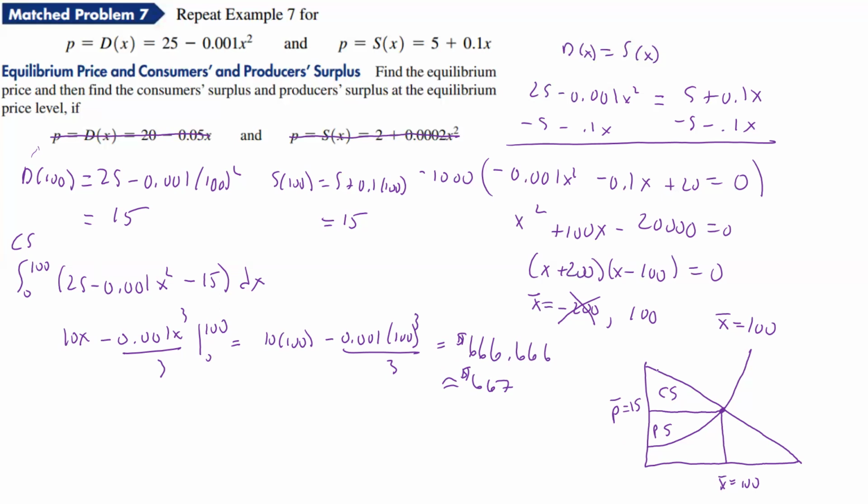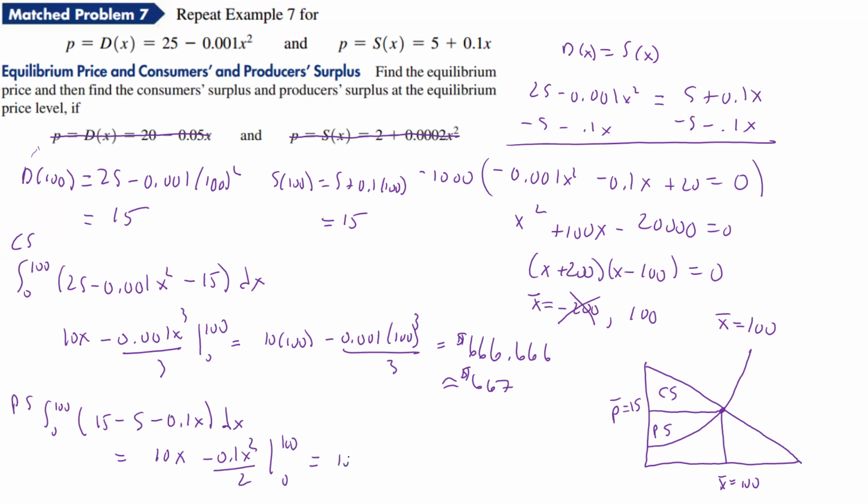Okay, so that's this one. Now, if we want the producer surplus, we're going to go from 0 to 100, and now we subtract the other way. We take our P, which is our 15, minus our S of x, which is 5 plus 0.1x. So we have 15 minus 5 minus 0.1x dx, and I changed the signs and put it in here. 15 minus 5 is 10, and the integral is 10x minus 0.1x squared over 2 from 0 to 100.